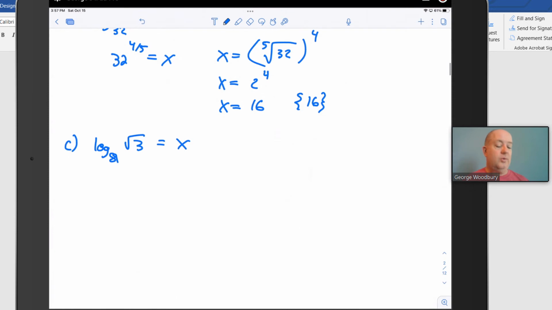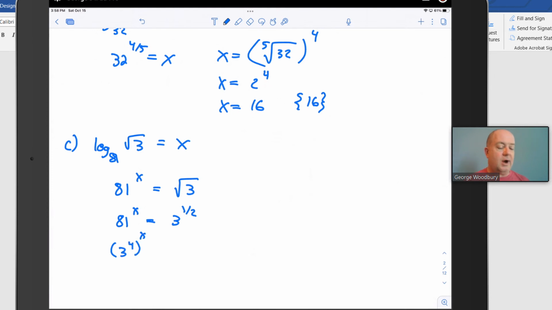One to go here. We've got log base 81 of the square root of 3 equals x. So we'll start by changing it to exponential form. 81 to the x power equals the square root of 3. Now the square root of 3 I can rewrite as 3 to the 1/2 power. If I can get 81 to be written with a base of 3, then I can set the exponents equal to each other. And I know that 81 is 3 to the 4th power.